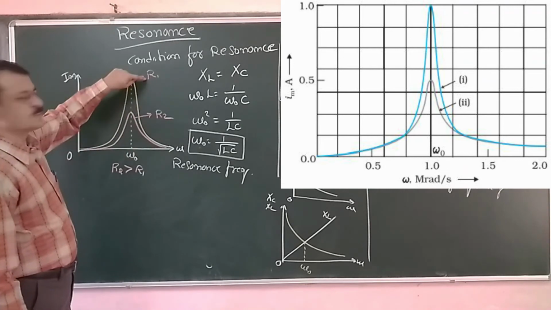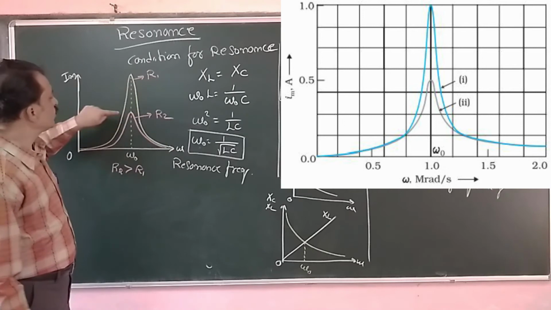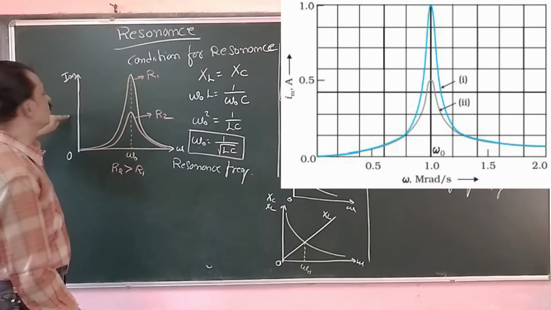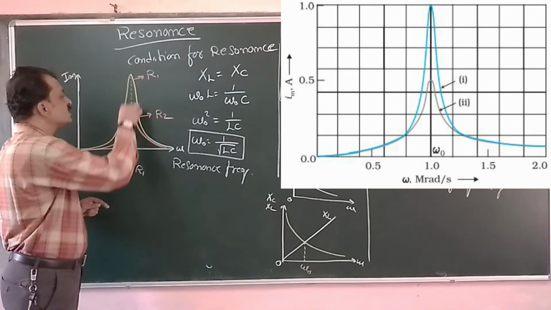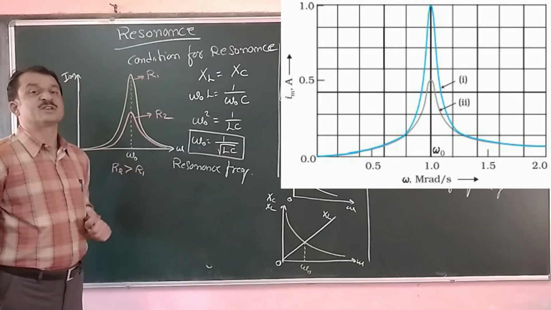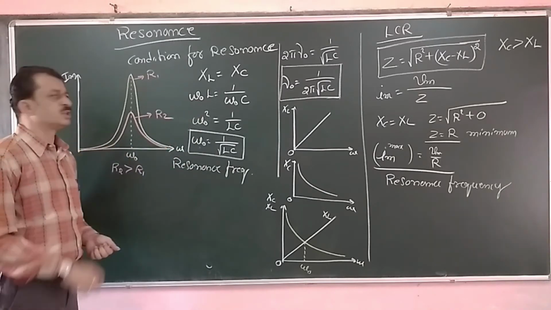If the resistance value is smaller, you get a larger maximum current. If the resistance value is larger, you get a slightly smaller maximum current. The frequency at which the current in the two graphs is maximum is called the resonance frequency, and its expression is as derived.